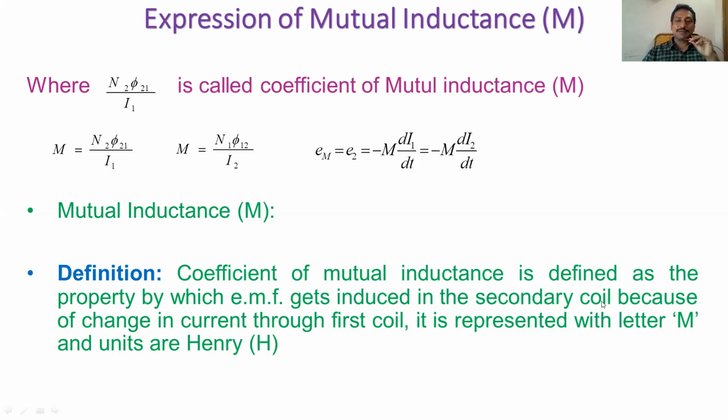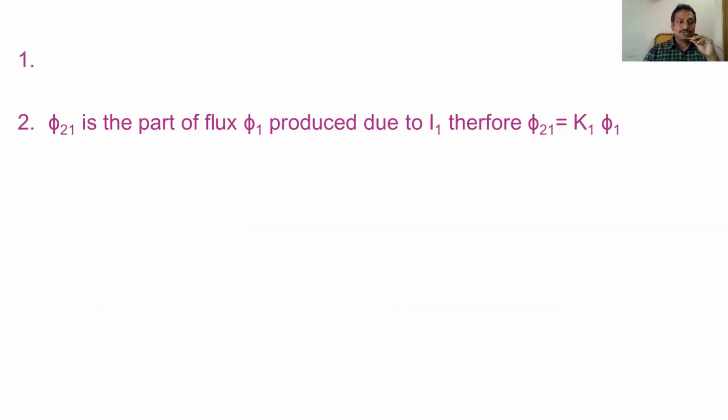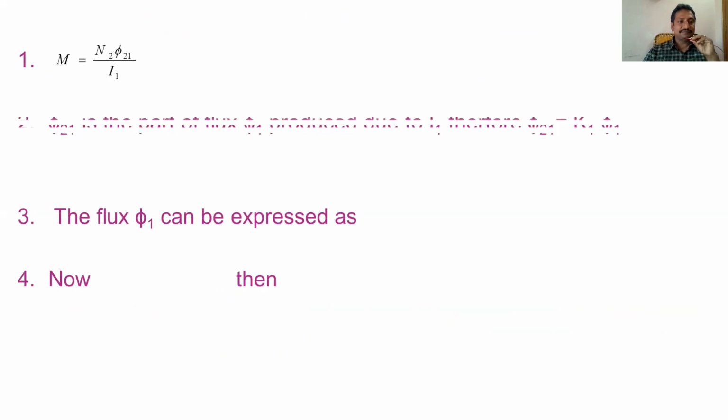Due to the change in primary coil current, an induced EMF is developed on the secondary. Such a property of inductance is called mutual inductance. So M is equal to this mutual inductance.